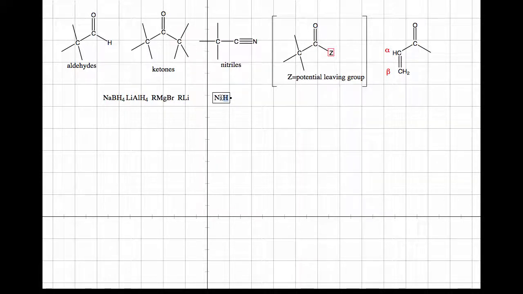It does not have a counterion that could coordinate well with the oxygen, and it tends to act as a base instead of a nucleophile. And particularly, it will act as a base towards the hydrogen in the alpha position on our aldehydes and ketones, and even on our nitriles, much like the way we saw in the previous chapter where we could make enolate ions that would act as nucleophiles.